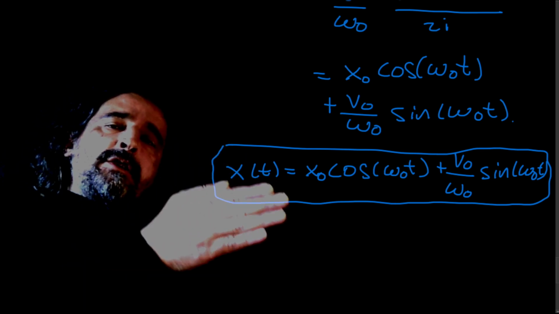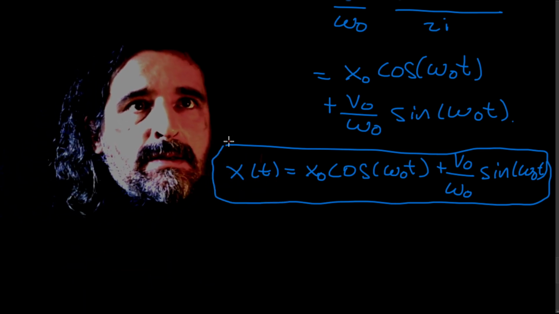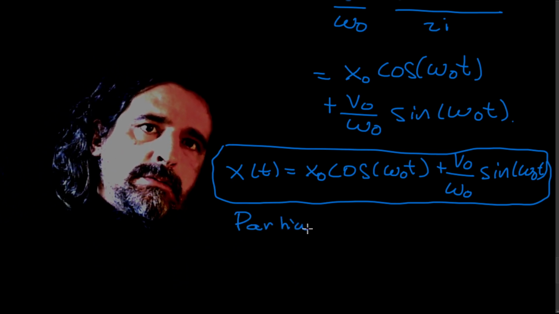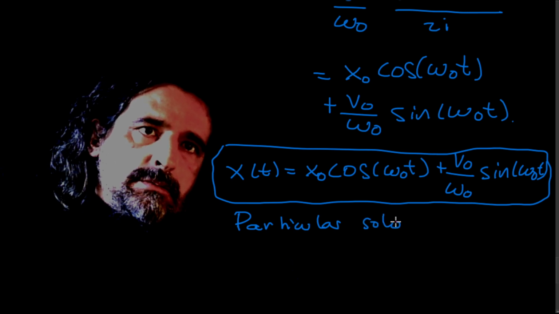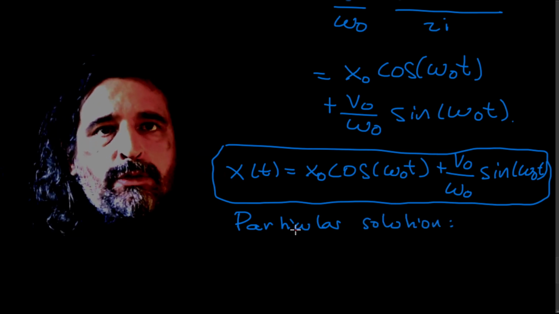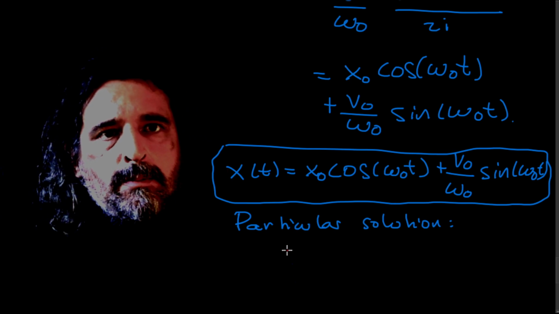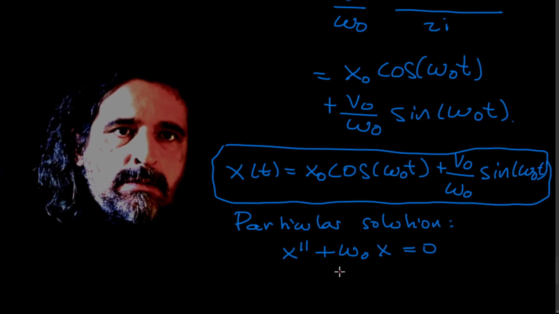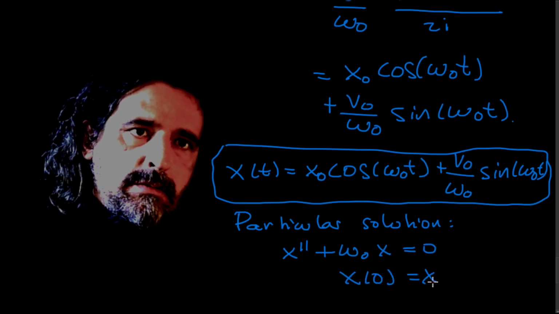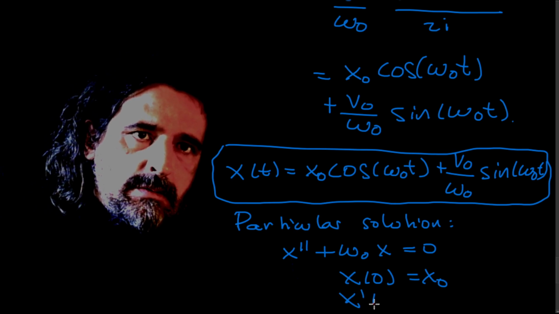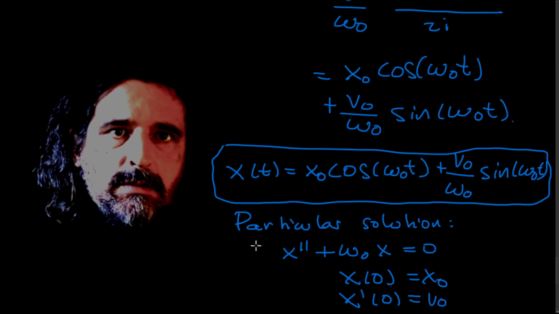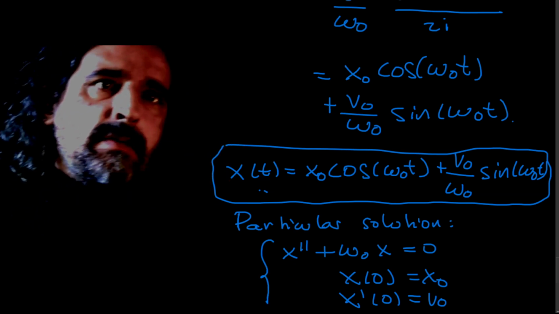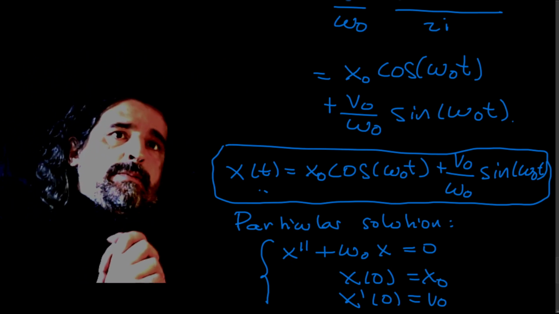That is the function that satisfies the equation. That's the particular solution of x double prime plus omega naught squared x equals 0 with these initial conditions. This equation has that solution.